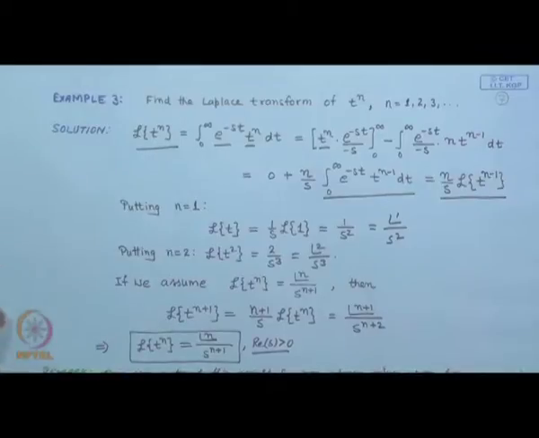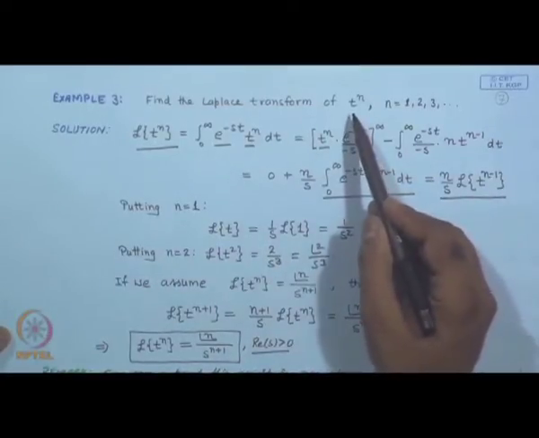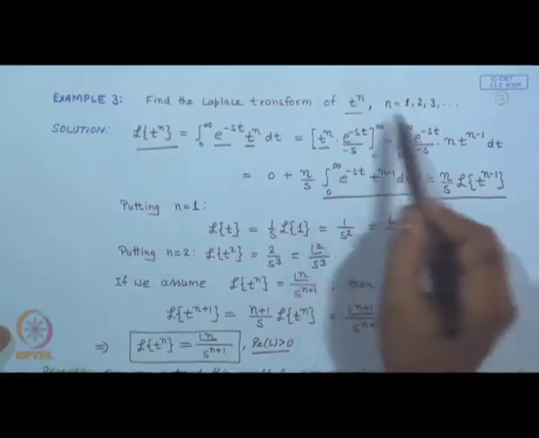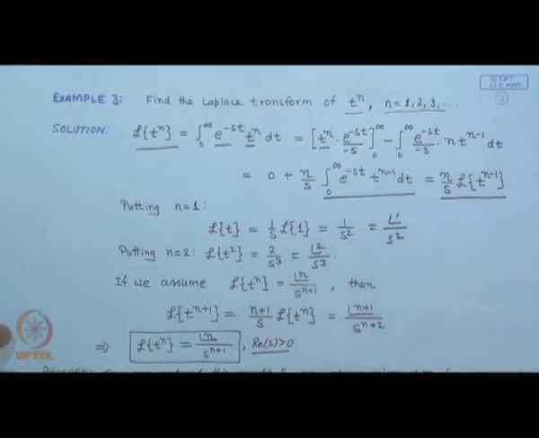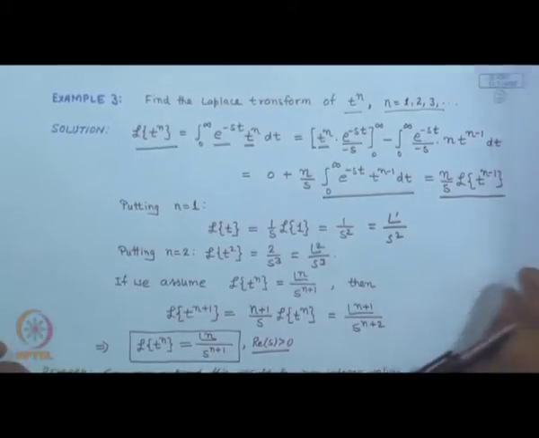In fact, we can also extend this result, because here what we have seen is that this was for n positive integers. So, we can extend this result for non-integer values of n, and that is the next example we will see.